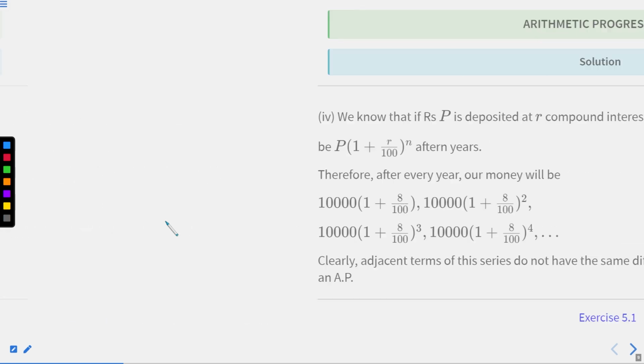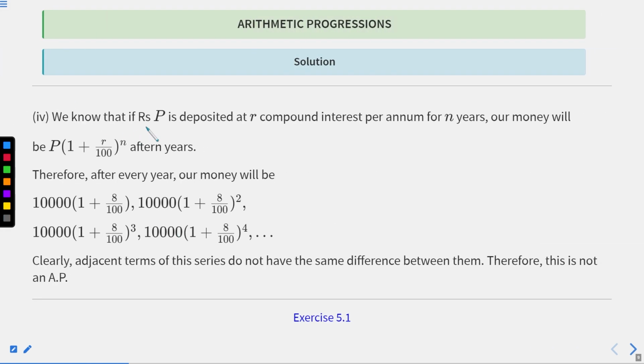So here we know that if rupees P is deposited at R percent compound interest per annum for n years, then our money will be P times (1 plus R by 100) to the power n after n years.